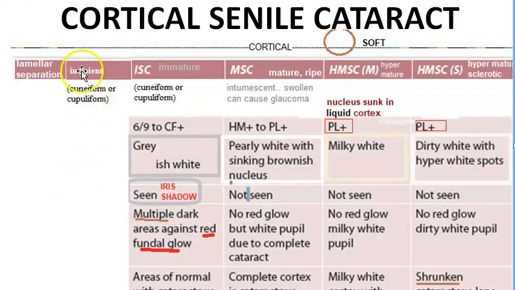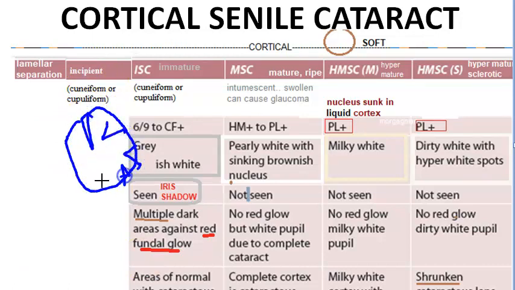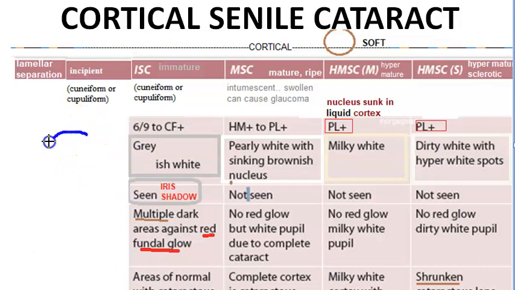In this, they are talking about cuneiform and cupuliform. Cuneiform means, as you saw, guys, wedge-shaped changes from the periphery, in the cortex. Cupuliform means, if this is the eye and here you have the lens, posterior subcapsular cataract. In the back, just below the capsule, you have the posterior subcapsular cataract.